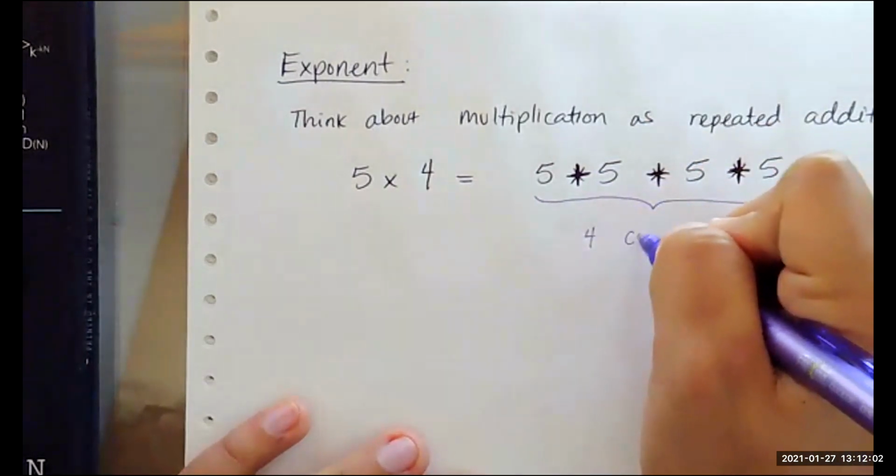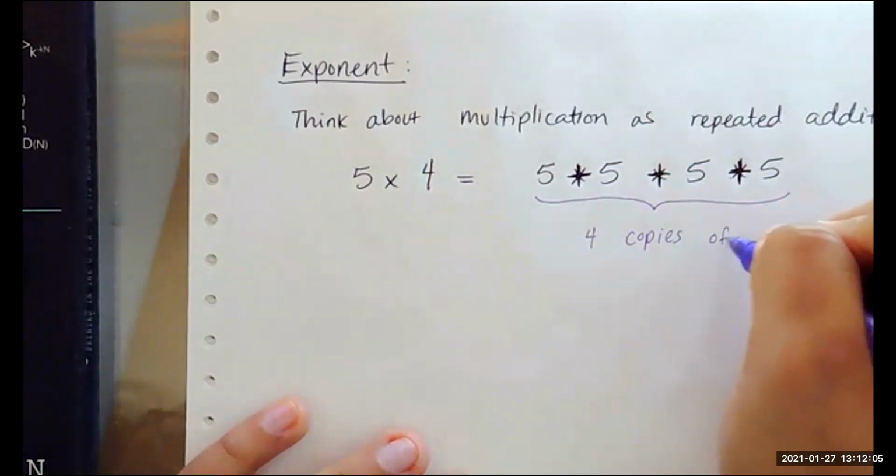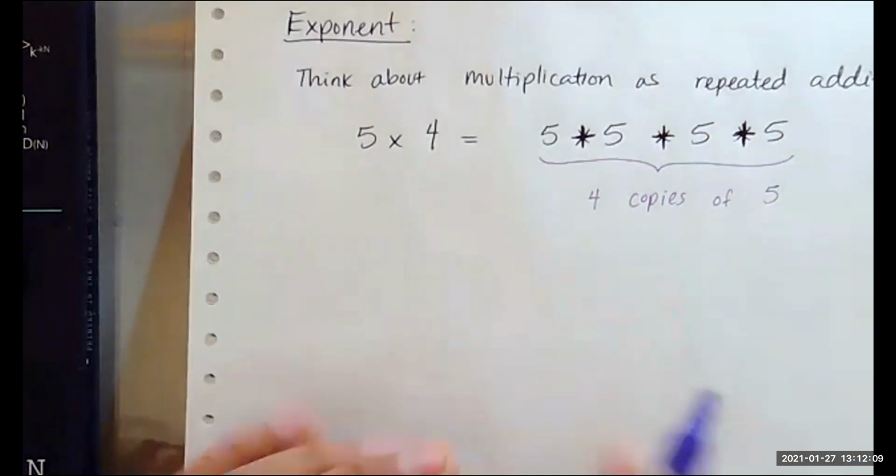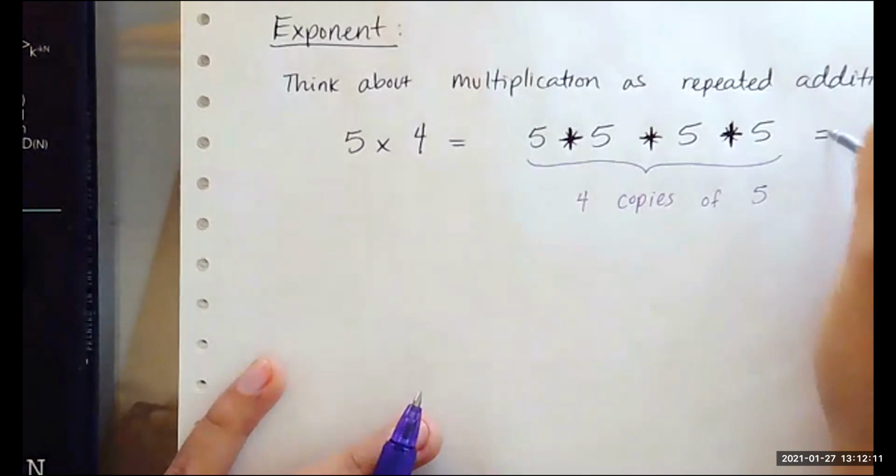I have 4 copies of 5, and I'm adding them. And this should be 20.